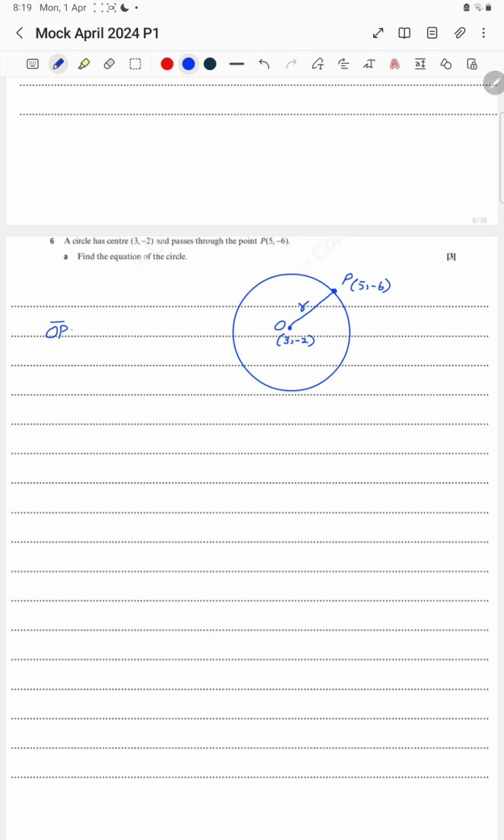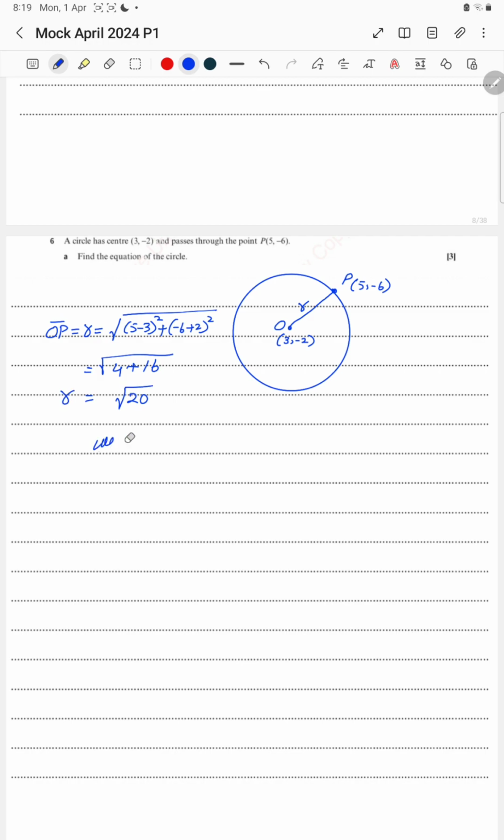So OP gives us radius, that will be, the length formula, 5 minus 3 square plus minus 6 plus 2 square root is 4 plus 16, that gives me root 20, that is R.